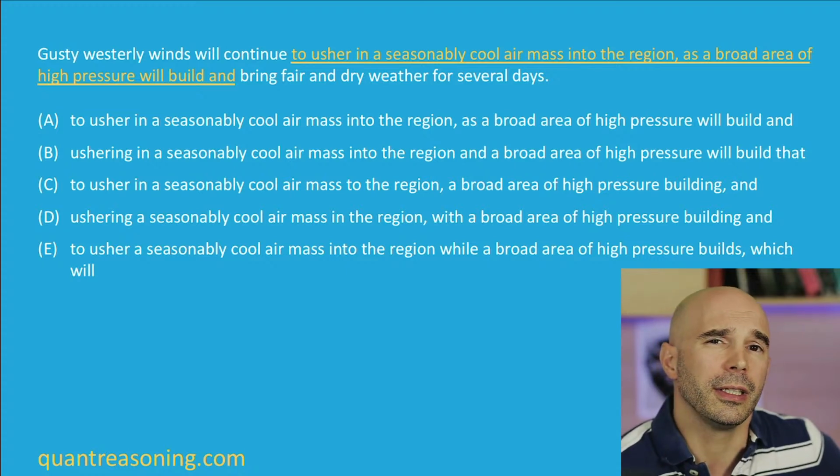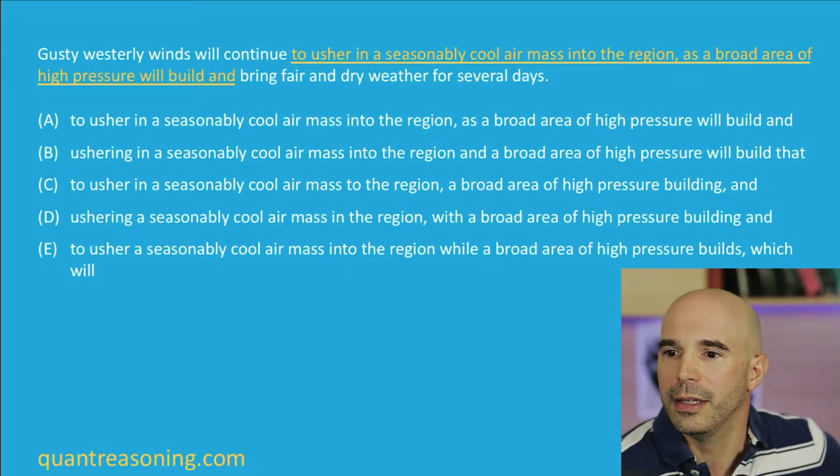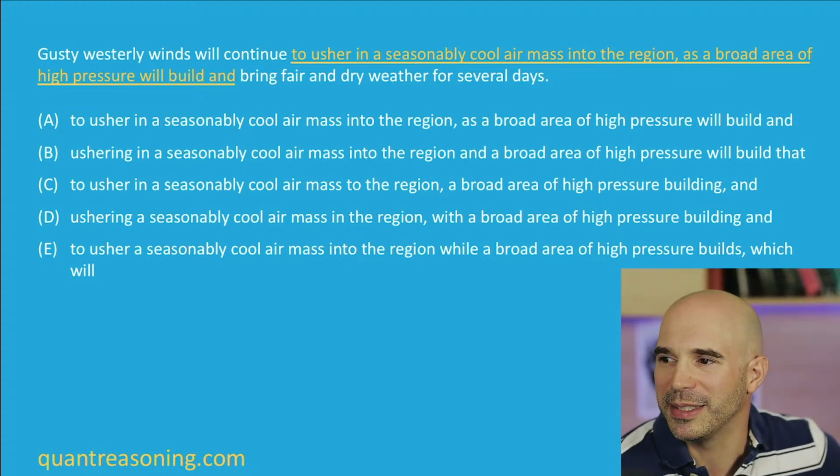So maybe we're starting a list of items here. The first item is a seasonably cool air mass, I guess. And then the second item would be a broad area of high pressure building. But with that building there in the end, it doesn't make sense as a second item in the list.